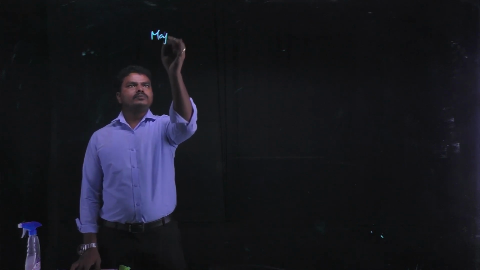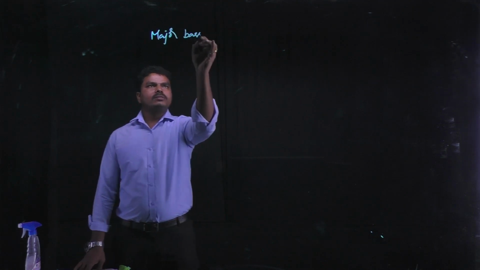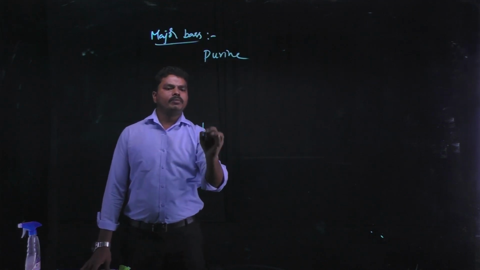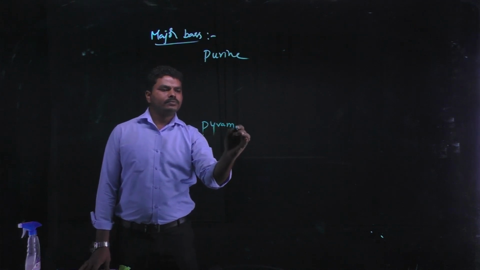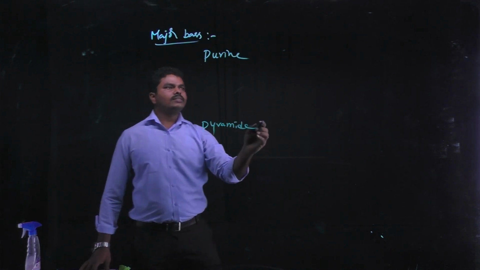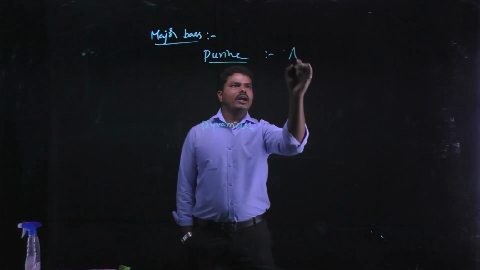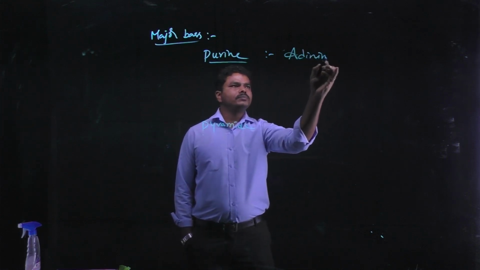That means the major bases, either purine or pyrimidine, present in nucleic acids are, in the case of purines, adenine and guanine.